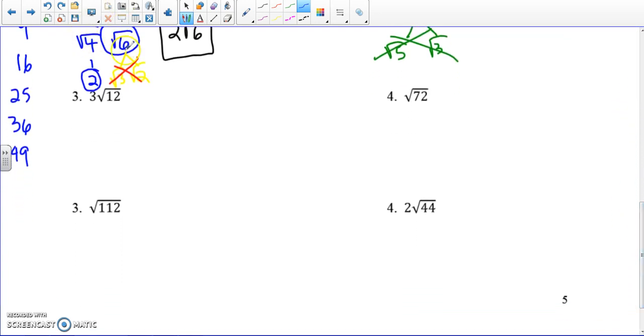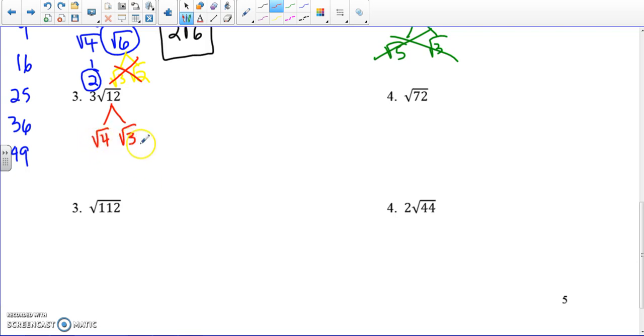Next, 3 radical 12. So this one's a little bit different. Notice that 3 out front. We'll come back to that in a minute. All right, so let's just focus on the 12 for now. So, same deal. Square root of 12, that's probably one you can see off the top of your head right now. 6 and 2 doesn't help us, but 4 and 3 does.